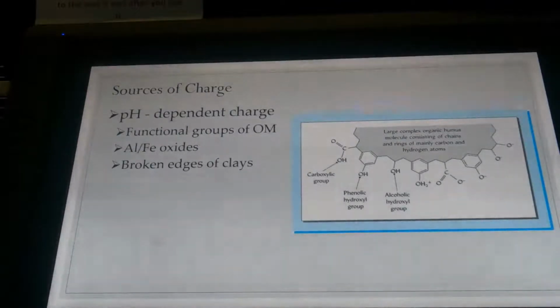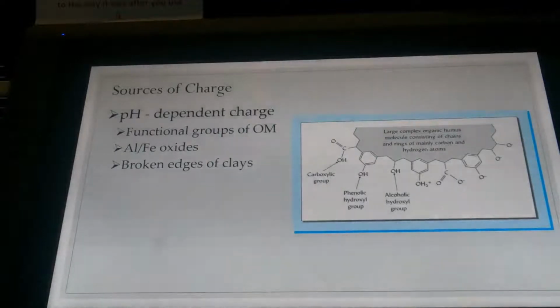Next, we have the pH dependent charge. So this is going to be related to pH. When we change the pH of the soil, we're changing the way that the aluminum and some of the other ions interact with each other, right?